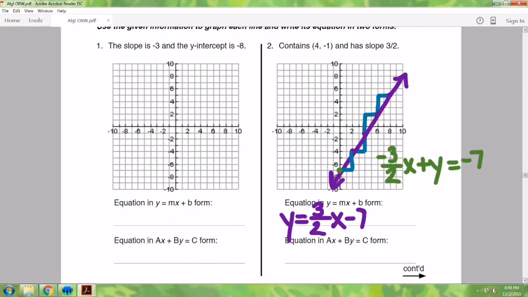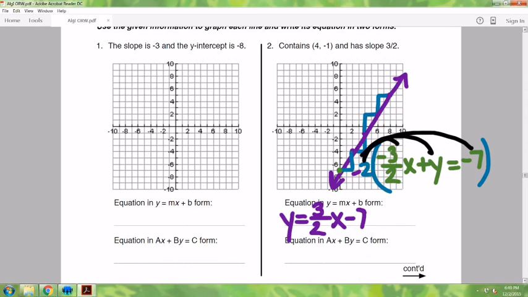So one thing I need to do is get rid of the fraction. So in order to get rid of the fraction, I'm going to multiply everything in the equation by 2. Now also to get rid of the negative that's on the top, I want to multiply everything by a negative. So I'm going to distribute the -2 throughout everything in the problem.